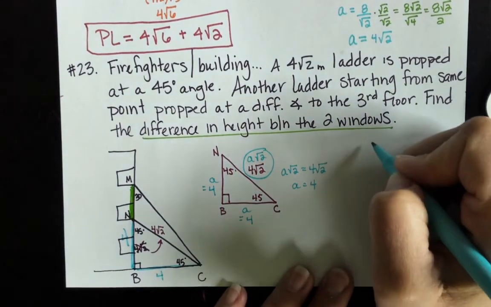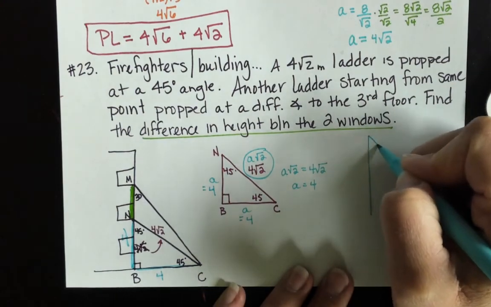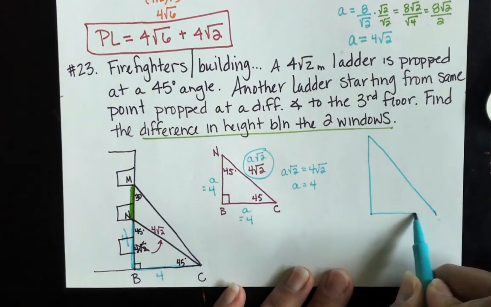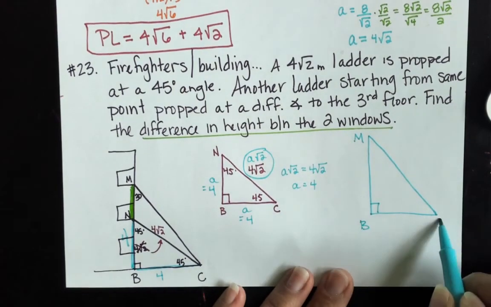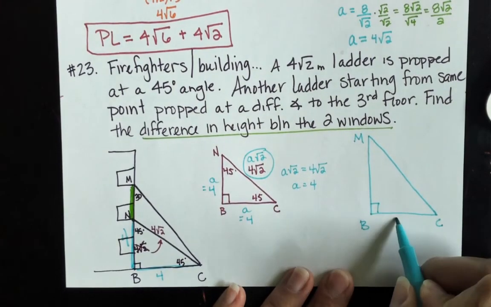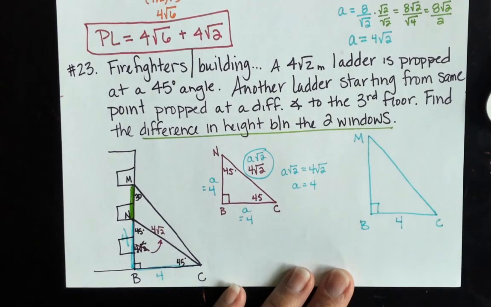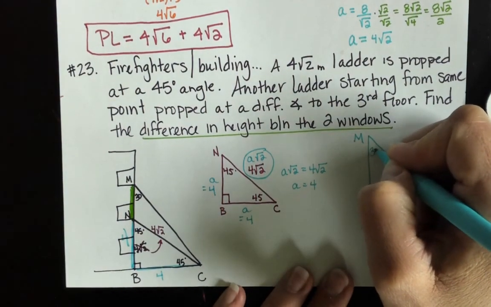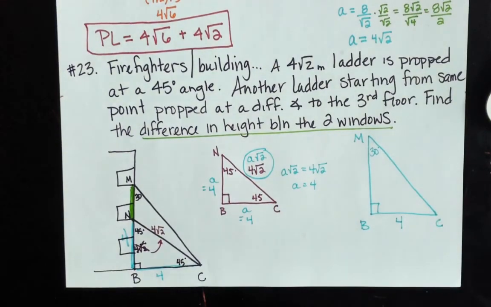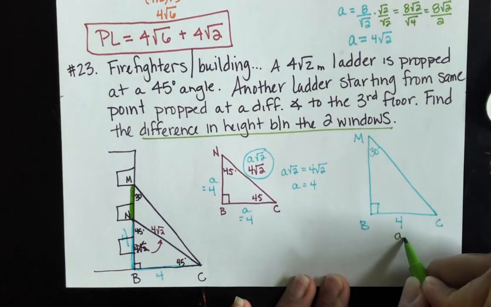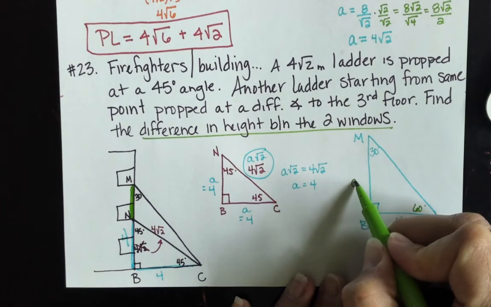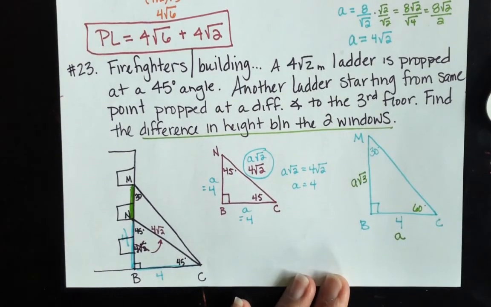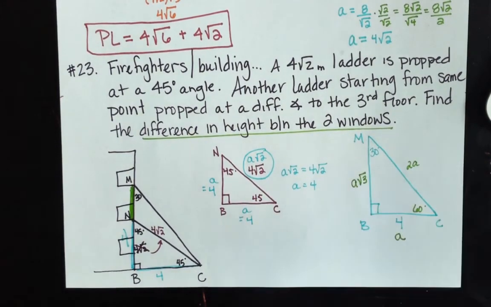So when I redraw my 30 and my 90 degrees here with M, B, C, and we just figured out this side was 4, what I now know is, again, A, opposite our 30 is A, opposite our 60 is A radical 3, and opposite our 90 is 2A.